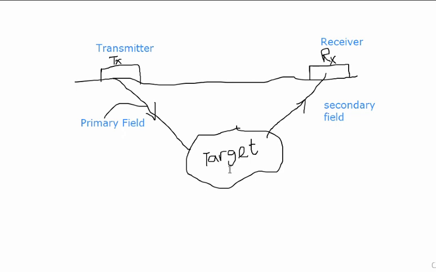To this target, we could associate some noise with it. There could be some noise, which in physics we call eddy current, unwanted current. Because this transmitter gives current to this target, there could be some part that is not useful.